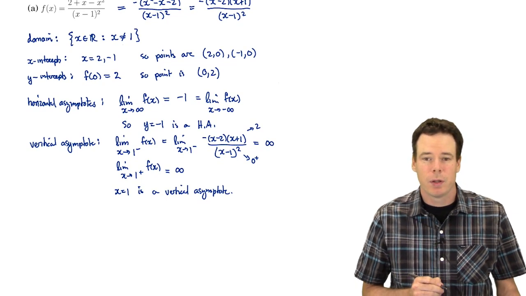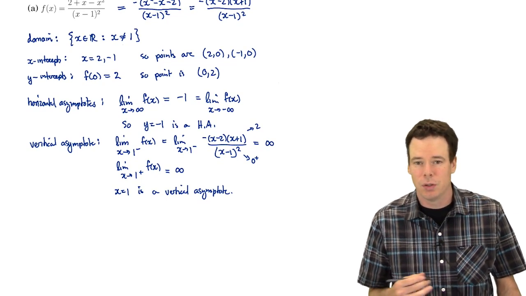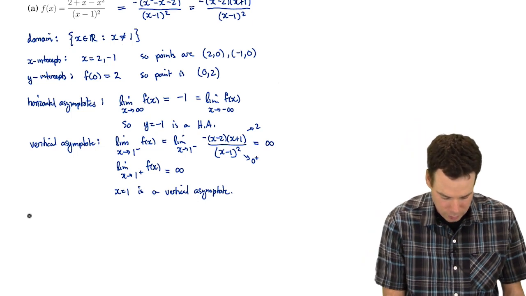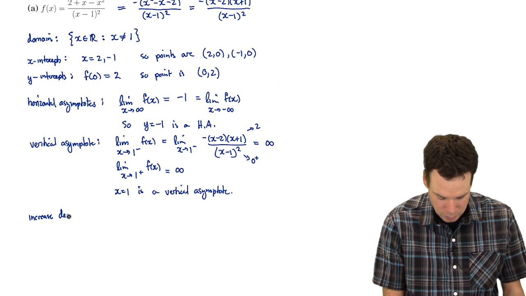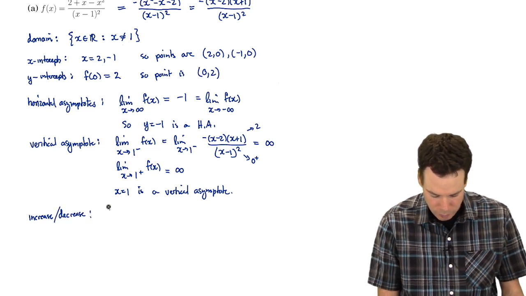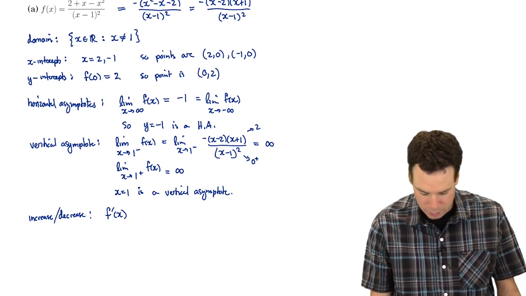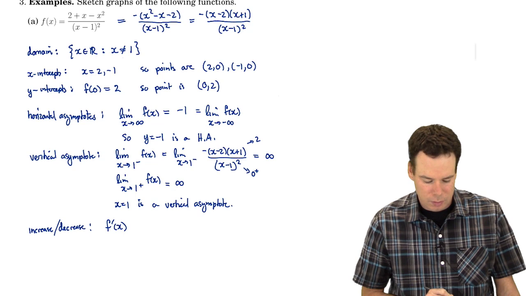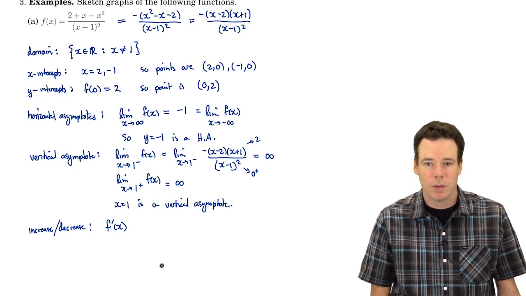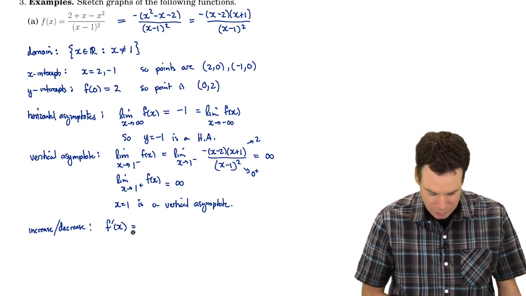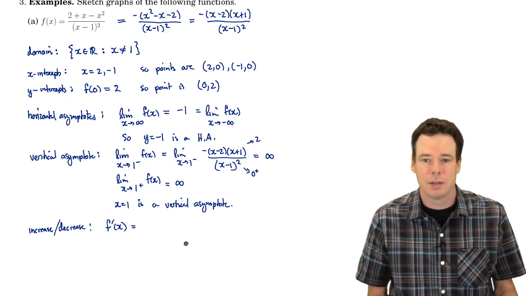Well, now we need to figure out where the function is increasing, where it's decreasing, and any local extrema. So we'll go ahead and look for our intervals of increase and decrease. How do we get those? Well, we look at the derivative. So what is f prime of x? Now I'm going to spare the details of working out the derivative in full detail here because this is now an exercise in differentiation.